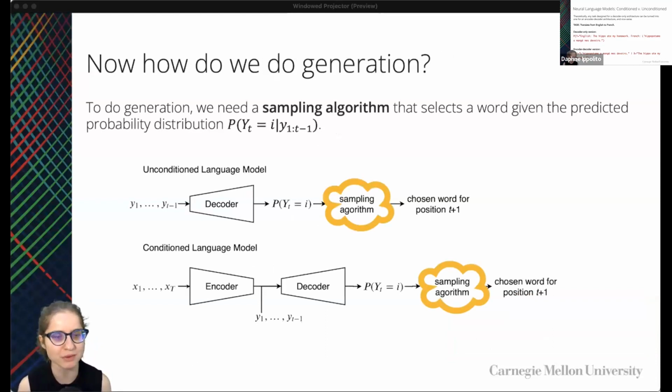I want to pick what the next word in my generation should be, given these probabilities that were returned by the model. You'll sometimes hear this referred to as a decoding method or a decoding strategy. I'll use those three words interchangeably, but they all refer to the same thing, which is this step where you're actually choosing what word gets generated.